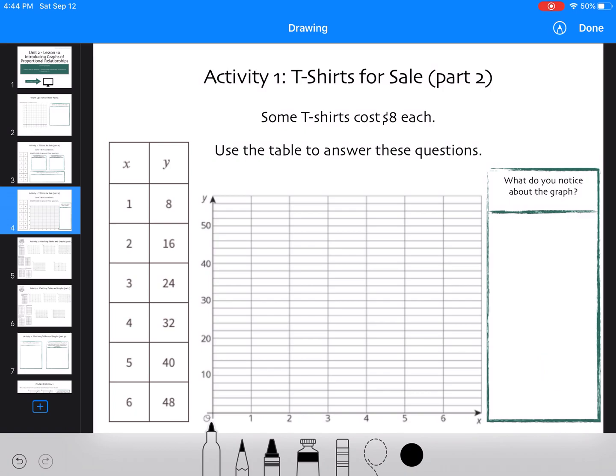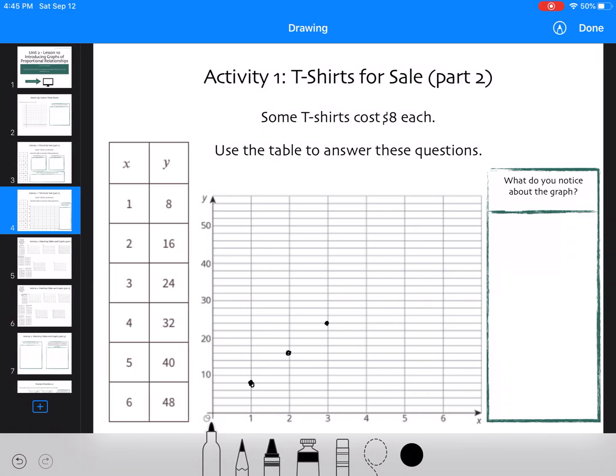So then it says use the table to answer the questions. So graph them. So we've got 1, 8. So it looks like they're counted by 2s. And then 2, 16. Three was 24. 4 is 32.